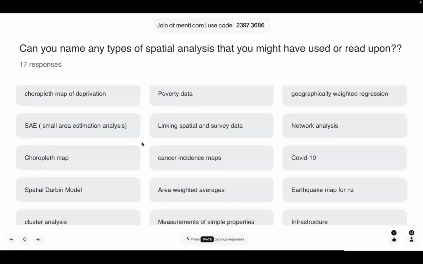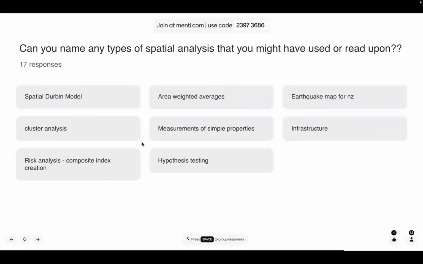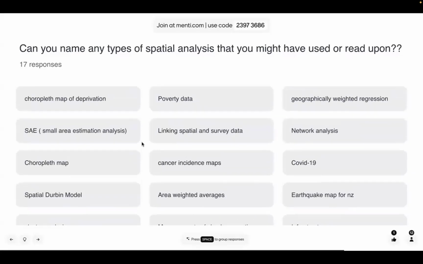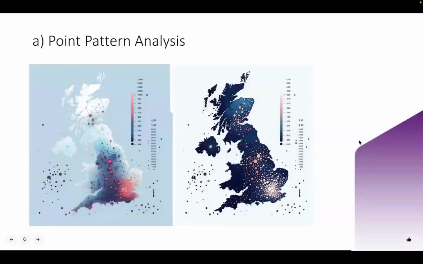So let's just go ahead and discuss some of the main analyses you might stumble across when exploring crime data. And this simply brings us on to point pattern analysis. This is probably the most fundamental and the most basic spatial analysis technique used to study crime distribution. Crime incidences are often recorded as point locations, as we've mentioned, so this will be longitude and latitude.